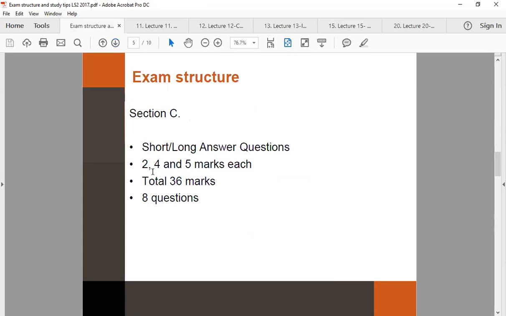Each question is worth 2, 4 or 5 marks each for a total of 36 marks, and there are 8 questions in section C. Keep in mind that some of those questions will ask you to select and answer, for example, 2 of the following 4 questions. So within one question, you may be answering 2 different questions. But at least you get that choice, a bit of a choice there.